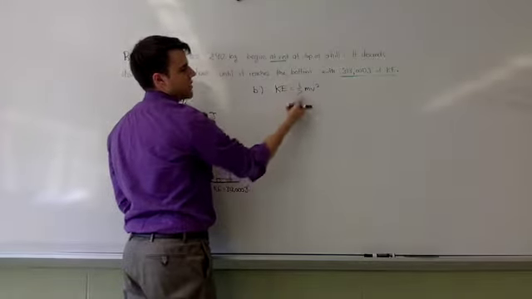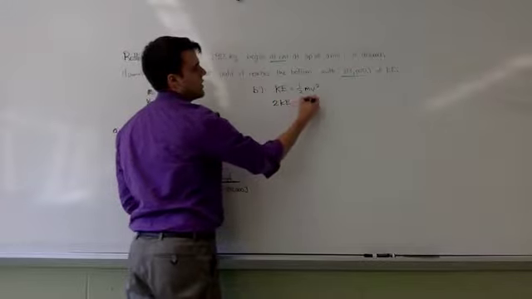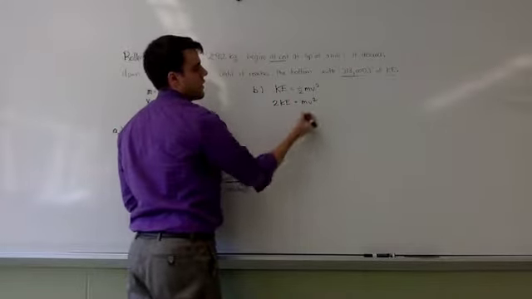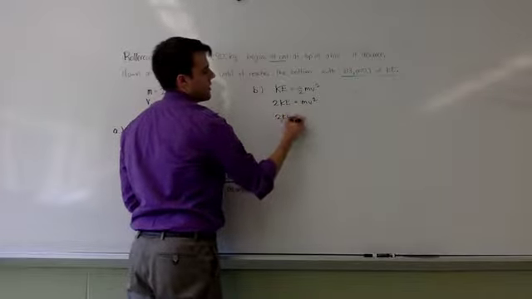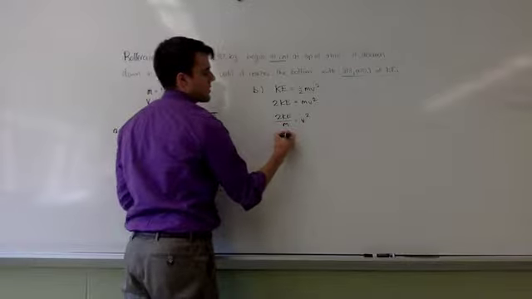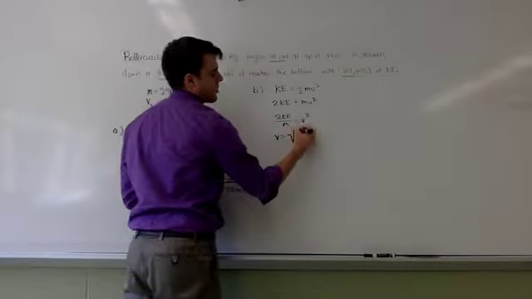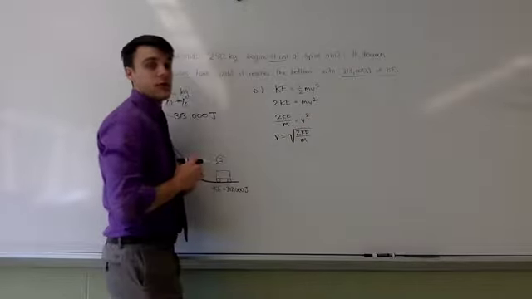So first I'll divide by 1/2 or multiply by 2, which is 2 times KE equals mv squared. Then I will divide both sides by mass, and I will have 2 KE over mass equals v squared. Then I'll square root both sides. And we will end up with square root of 2 KE divided by m equals velocity.